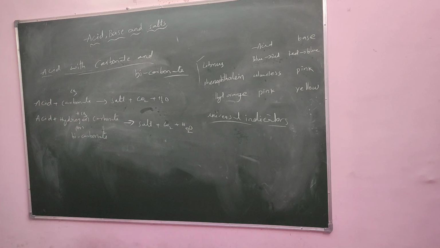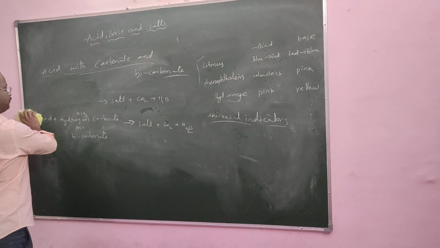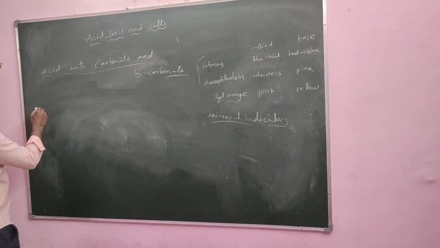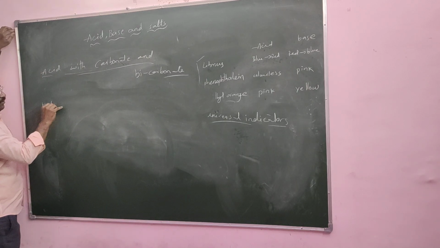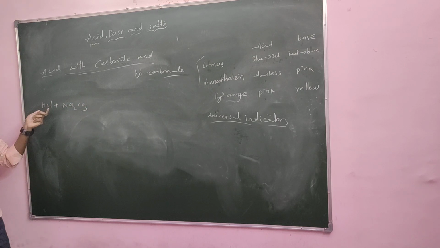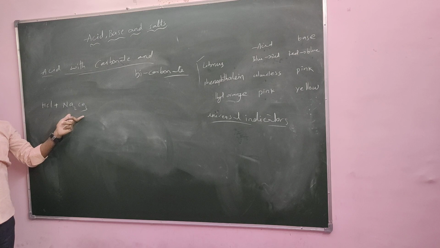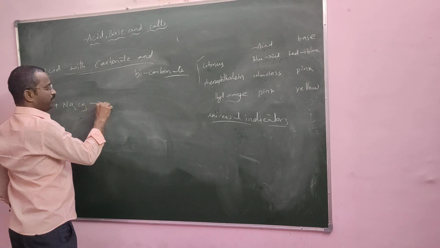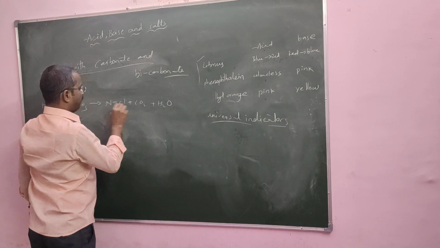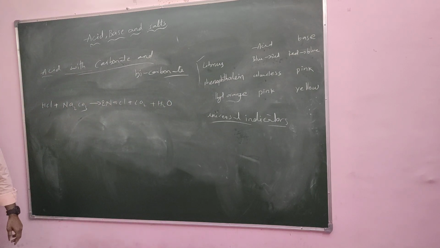Let's take an example. I am taking HCl and Na2CO3, hydrochloric acid and sodium carbonate, produces NaCl plus CO2 plus H2O, say it as 2NaCl.